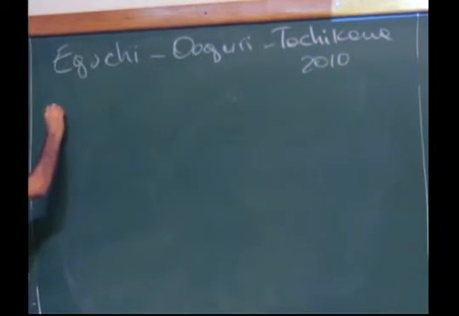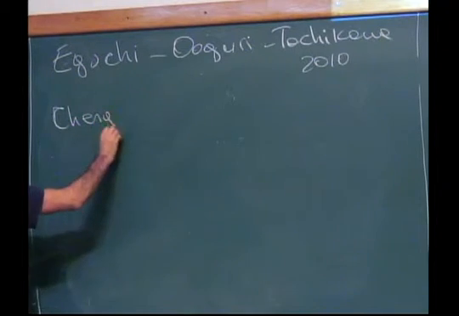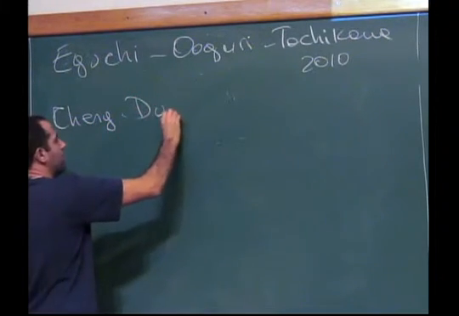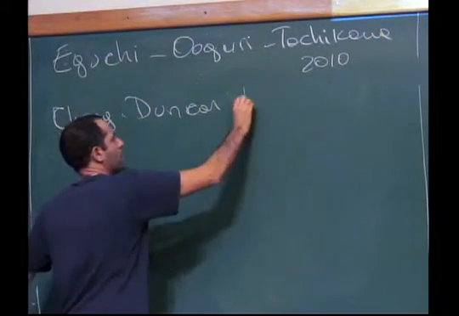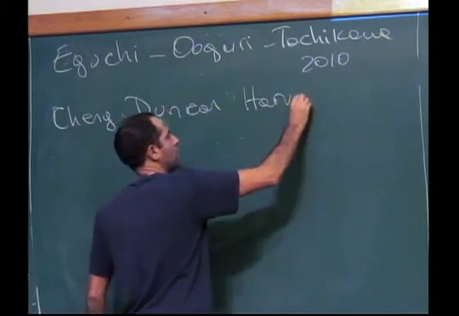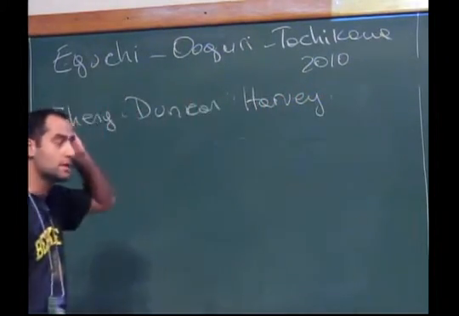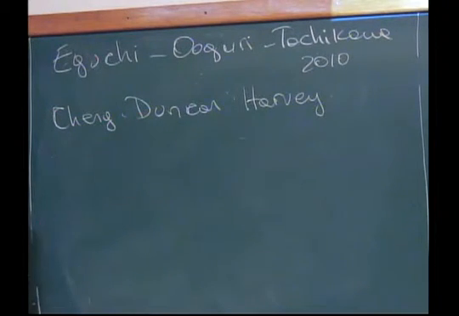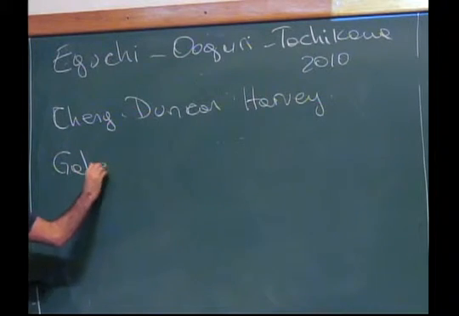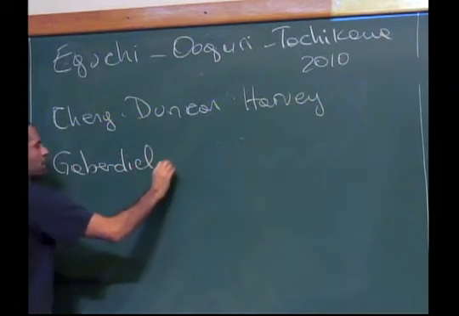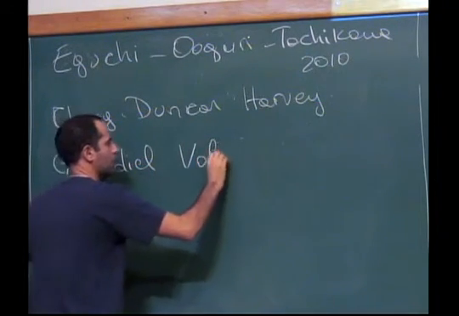Then Miranda Cheng, Duncan, and Harvey did some work about modular forms related to this conjecture. And I'll also mention Gaberdiel, Volpato, and collaborators.